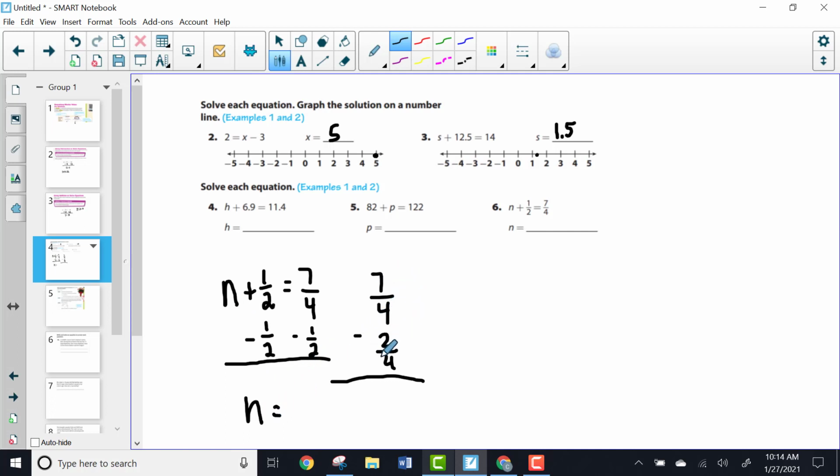So we have 7/4 minus 2/4. Remember, the only thing you worry about with subtraction of fractions is the numerator. 7 minus 2 is 5/4. So n equals 5/4 for number 6. So that means 5/4 plus 1/2 equals 7/4 for that problem.